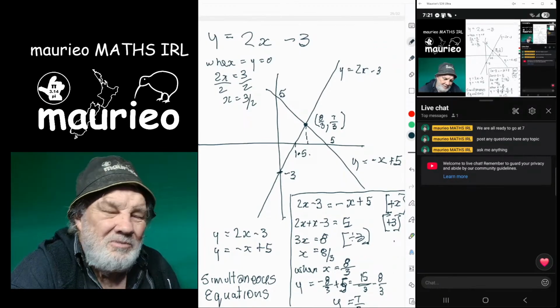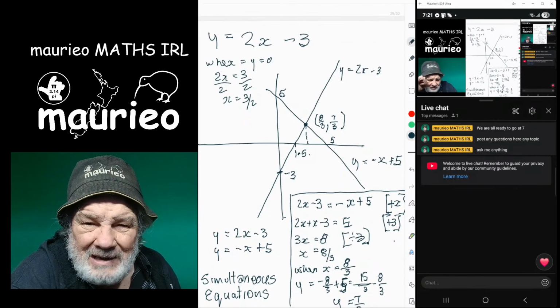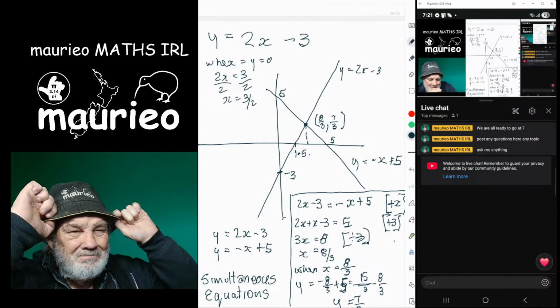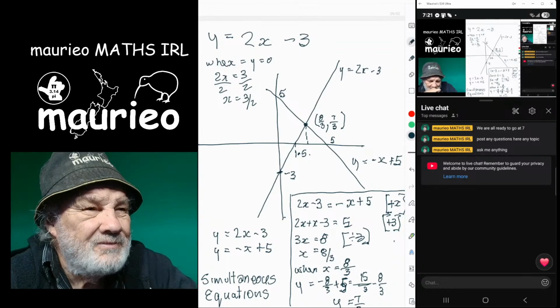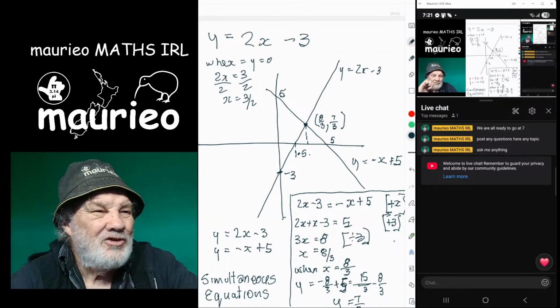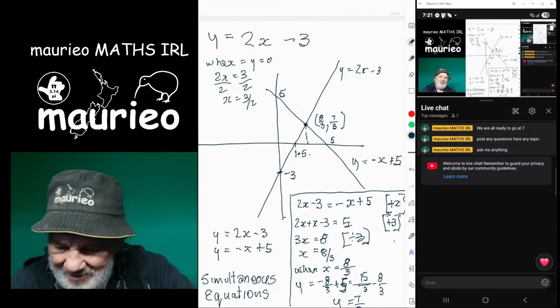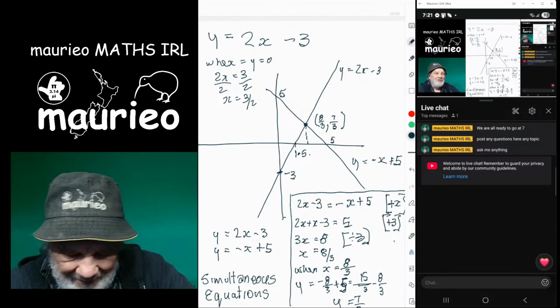And sometimes this can be a bit of a clue in exams, where if the answer's not a whole number, you can get a little bit suspicious, because quite often they are.